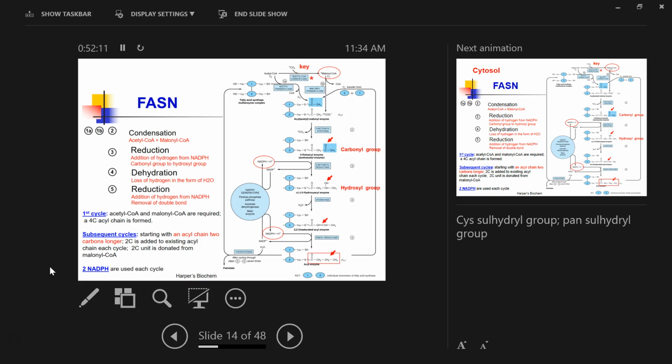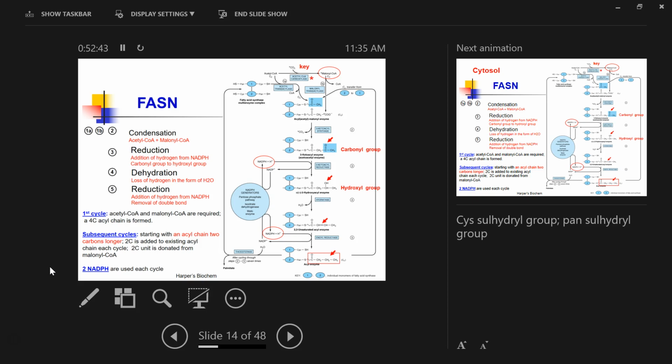Each cycle adds 2 carbons, and with each cycle you extend the carbon chain 2 carbons longer, making the acyl-CoA 2 carbons longer, and it involves several reactions in each cycle.